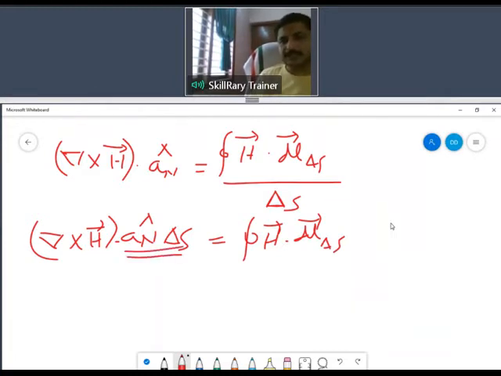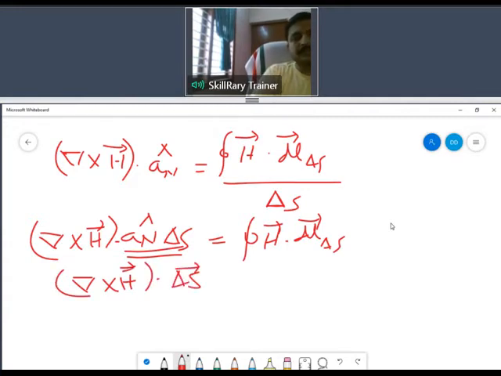See the figure, delta S n cap can be written as delta S vector because it is the magnitude of delta S into the direction of delta S. So it can be written as delta S vector. So this becomes curl of H dot delta S vector equals closed integral H dot dl for delta S.